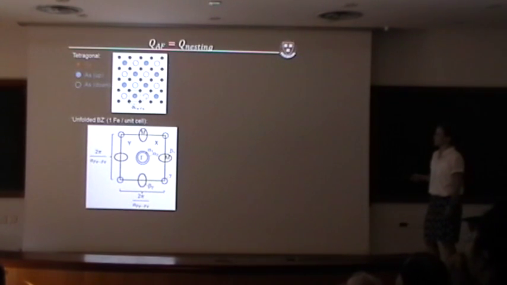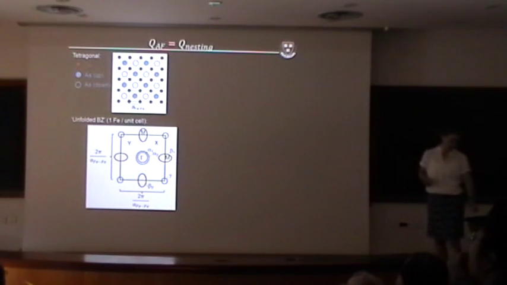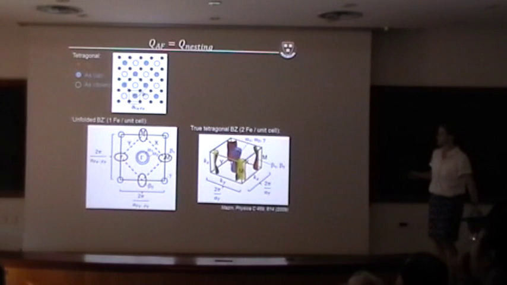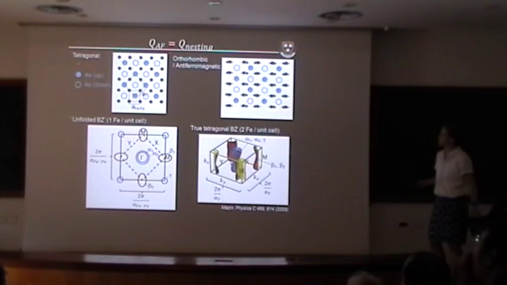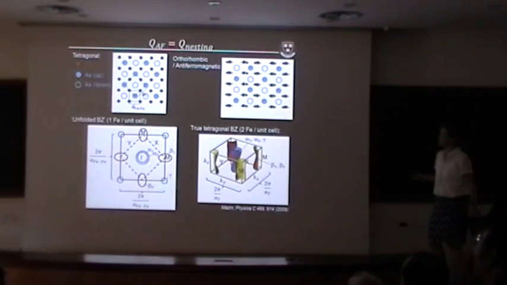And so here's the Fermi surface in this unfolded Brillouin zone with one iron per unit cell. But if we look at the actual full tetragonal Brillouin zone with 2 irons per unit cell, it looks like this, and we fold the corners of the Brillouin zone into this diagonal square here. Now, in the spin density wave state, there are fluctuations in all of the materials we know so far.